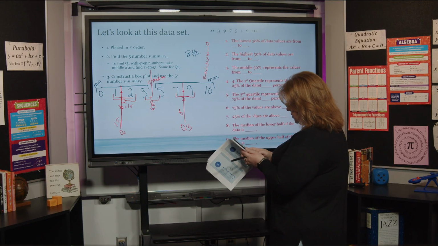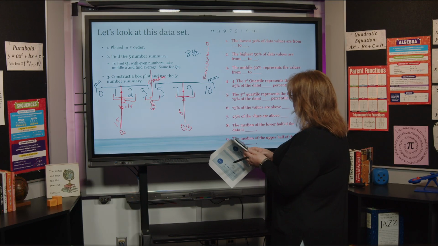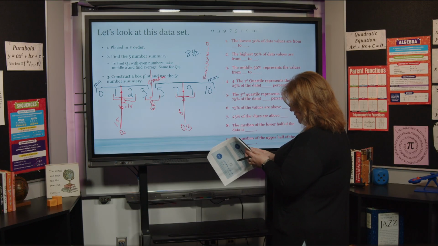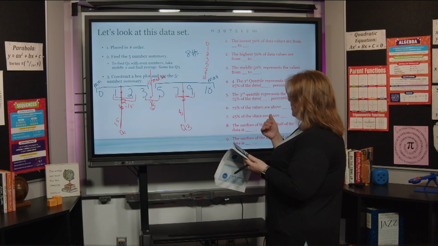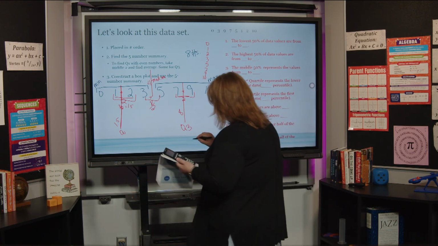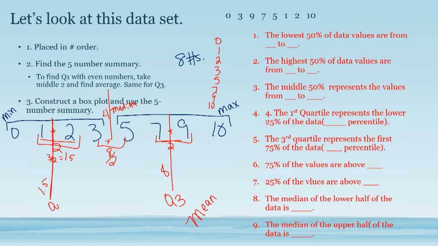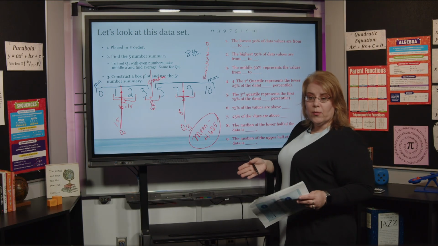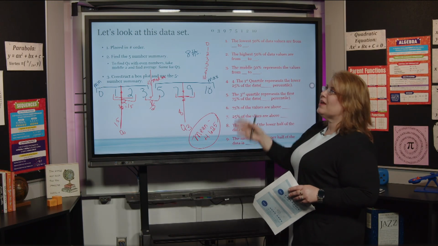So I have 0 plus 1 plus 2 plus 3 plus 5 plus 7 plus 9 plus 10. Add those up and get 37, then divide by my 8. So my mean, we could say, is 4.625.